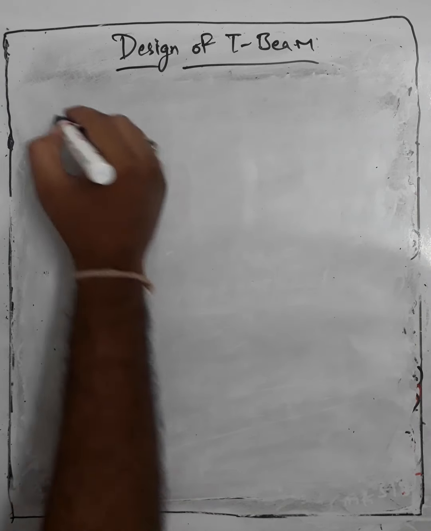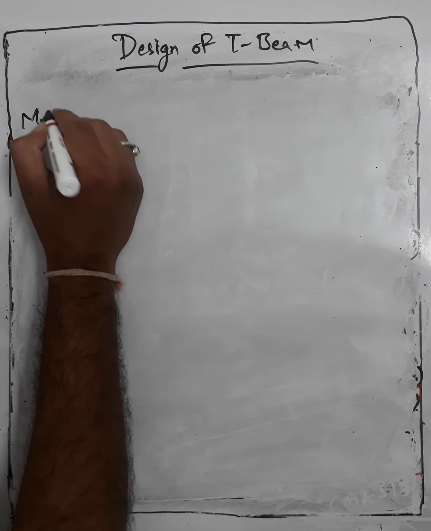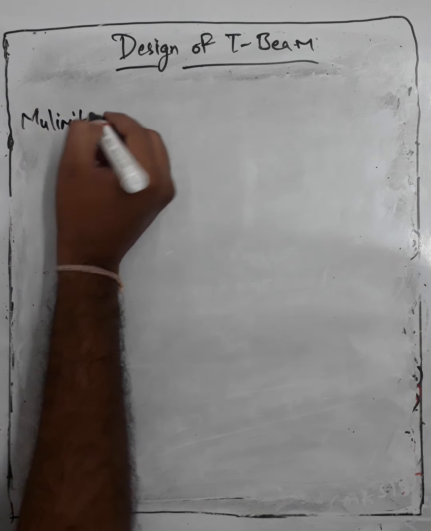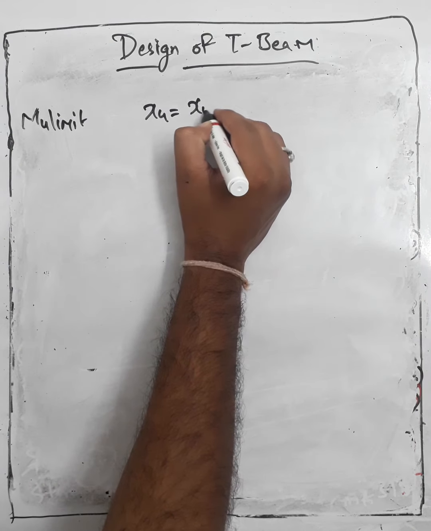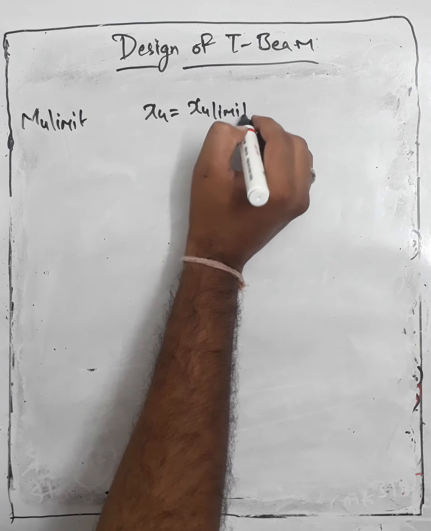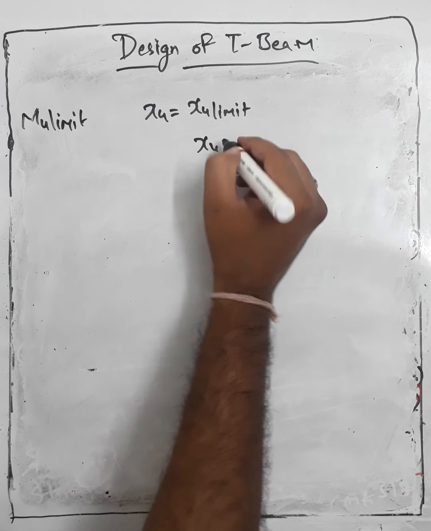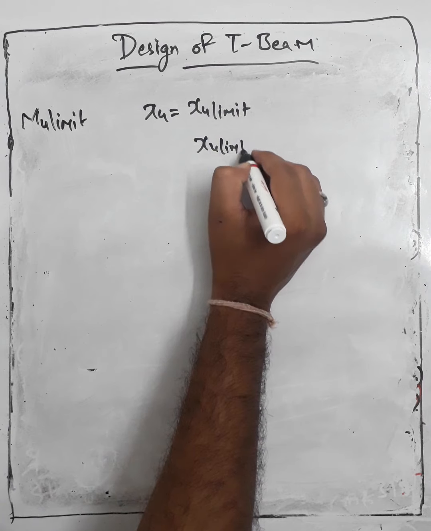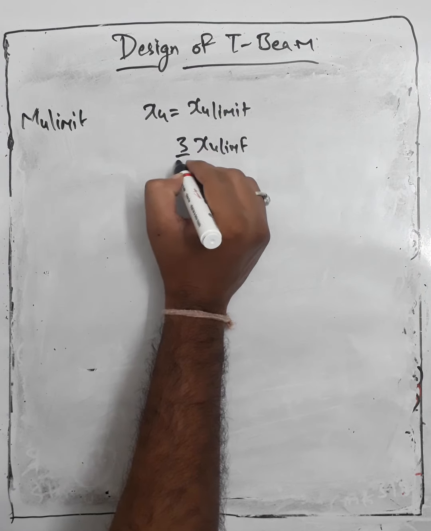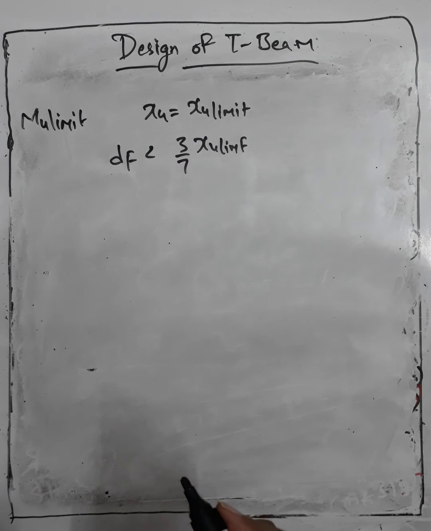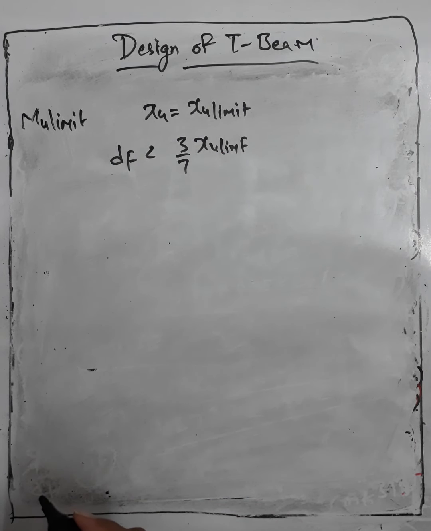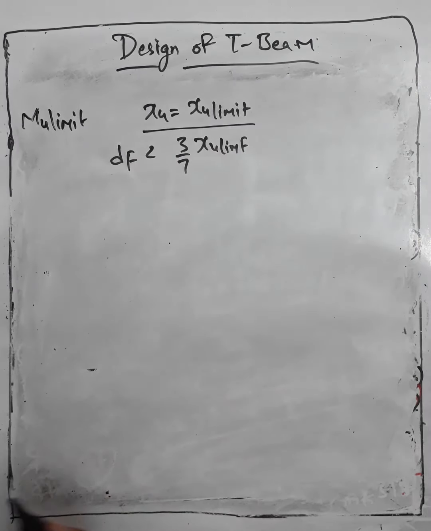So for MU limit, we take XU equal to XU limit, and the condition is DF less than 3/7 XU limit.